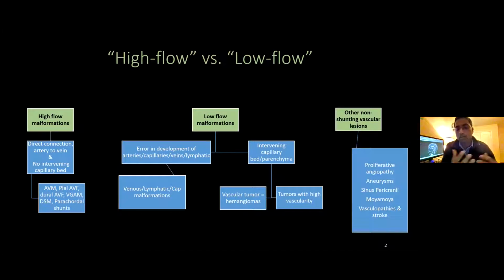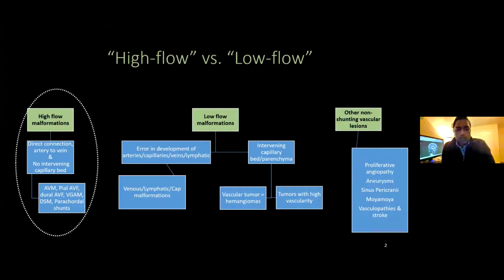So you have the venous and lymphatic malformations, or you can have the tumors. And then you have the miscellaneous other non-shunting lesions.